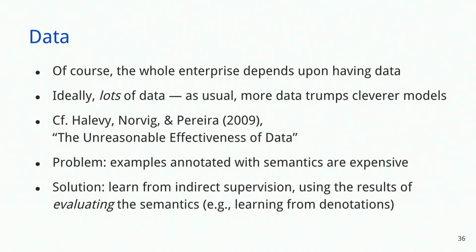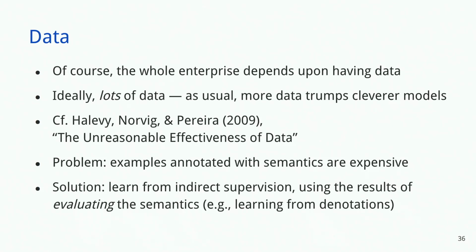So an example here, I should have put an example on the slide. An example might be like, what's the capital of the largest state in the United States. The semantics for that might be some kind of complex logical formula that literally says, except in logical language instead of English, what is the capital of the largest state.